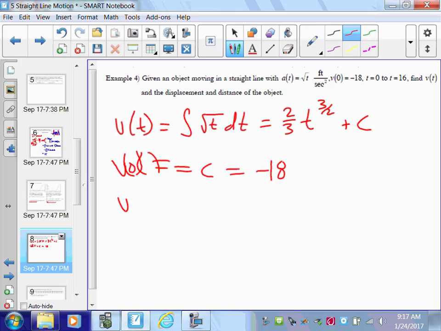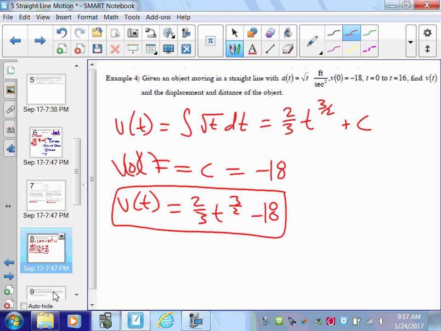So the velocity at t is equal to 2/3 t to the 3/2 minus 18. There's more.